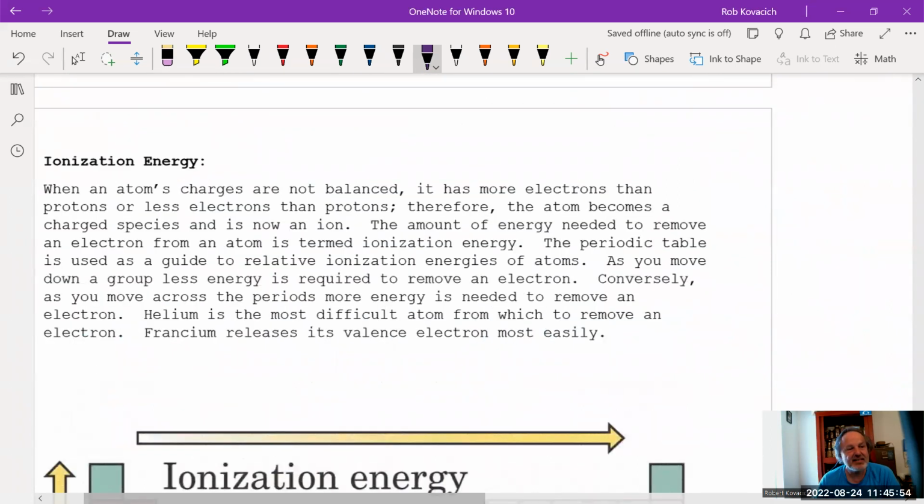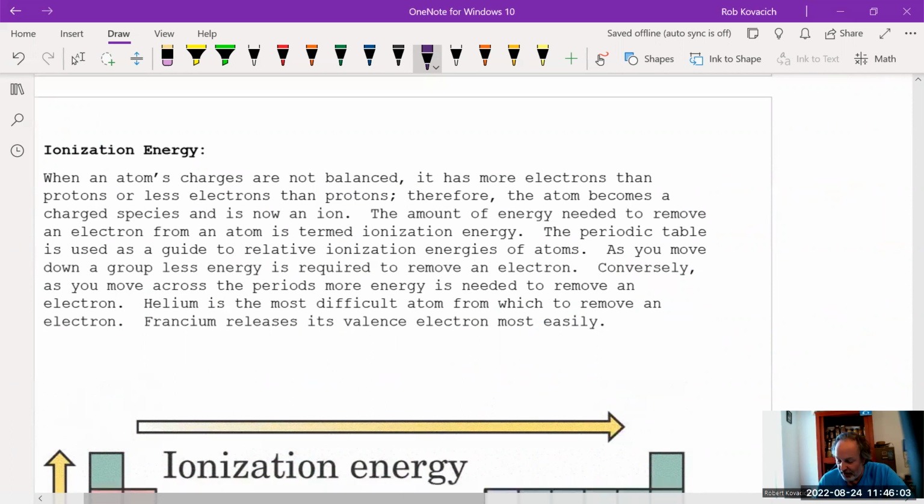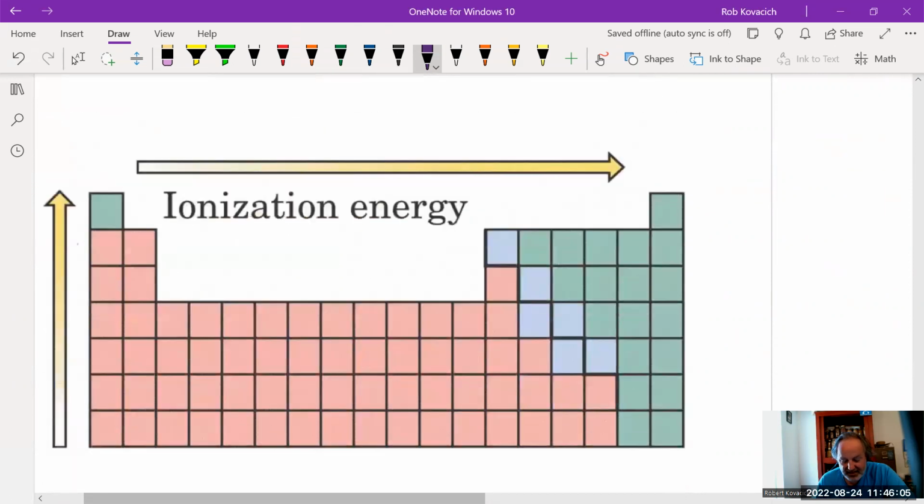Ionization energy is the amount of energy needed to ionize an atom. So in this case, basically kick an electron off. The ionization energy follows this pattern. It takes more energy for any atom that's higher, and it takes more energy for any atom across the periodic table.